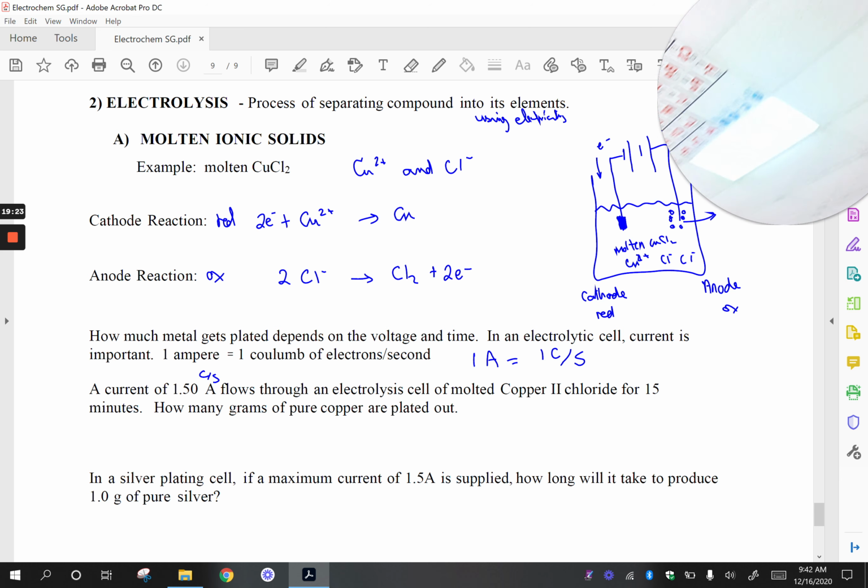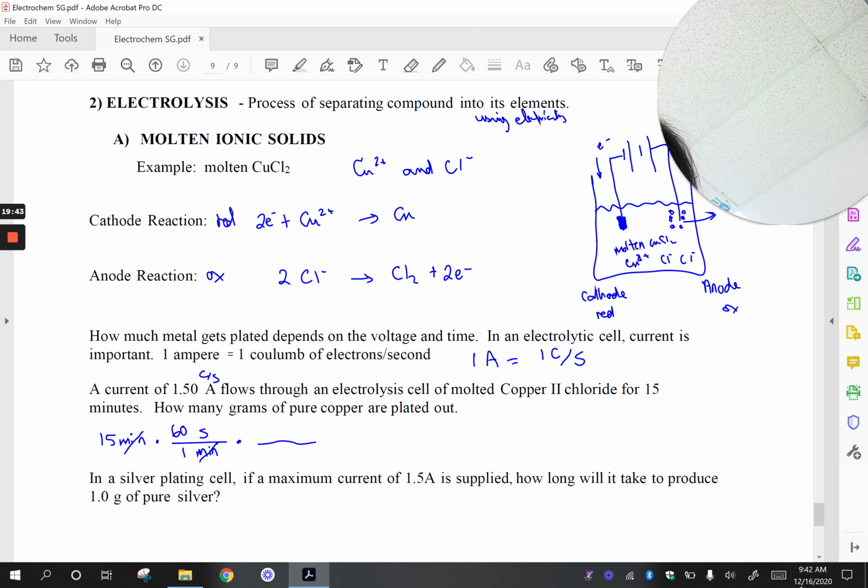So I'm going to start with 15 minutes. My other number is coulombs per second, so let me change this to seconds. So minutes here, seconds here. 1 minute is 60 seconds. Okay, I'm at seconds. Well, let's get rid of seconds.